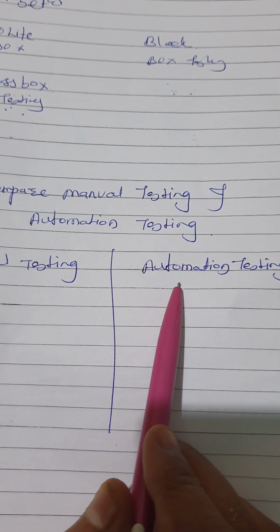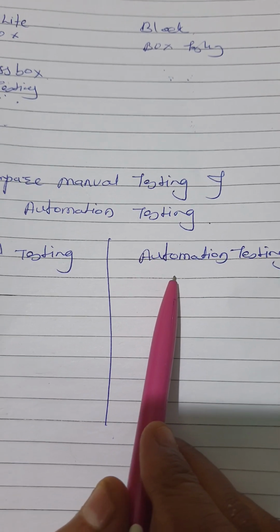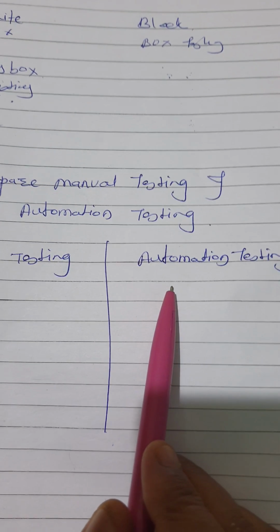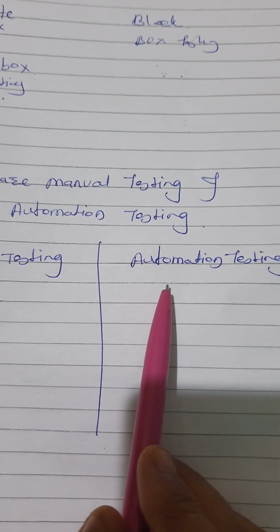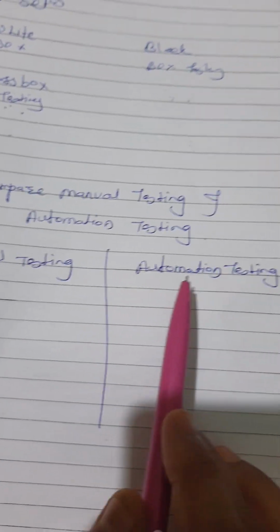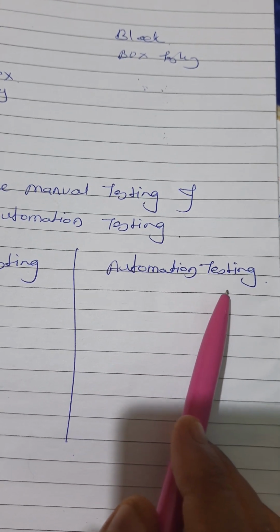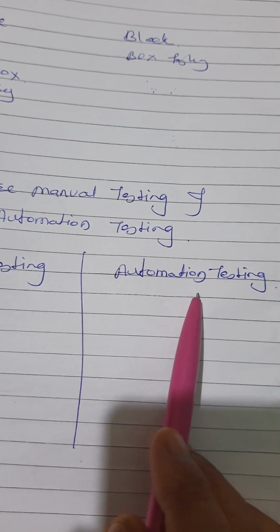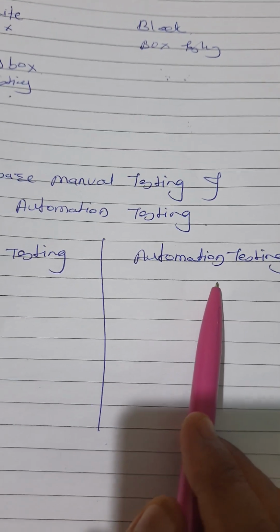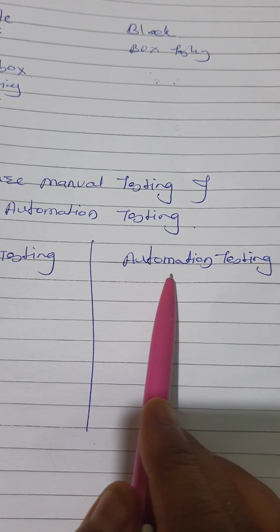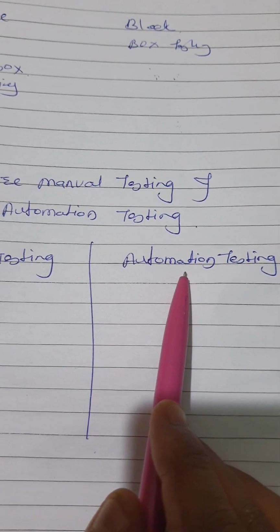And automation testing means tests are executed automatically using automation tools and frameworks. In automation testing you can perform testing using some automated tools or framework. Such type of testing is called automation testing.